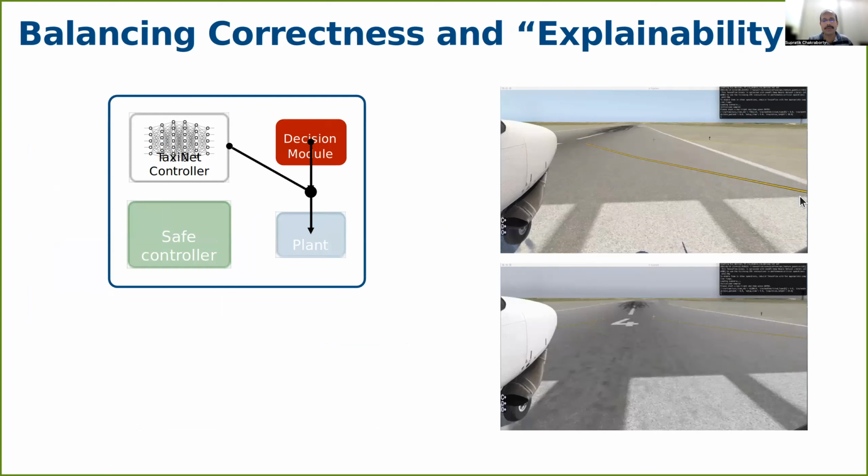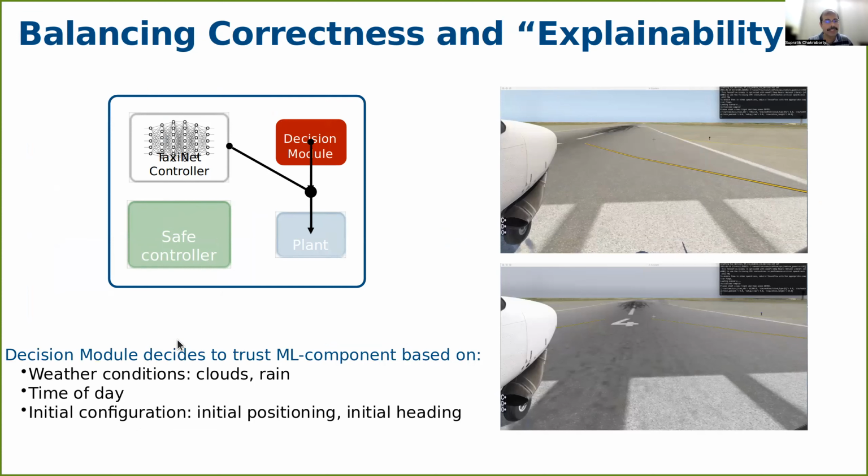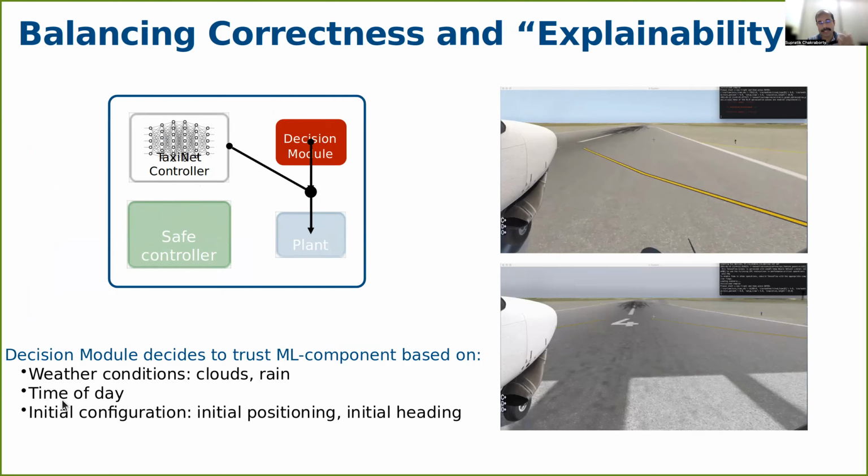Okay, so this is our system that we have over here. And the decision module takes a decision whether to trust the ML component, which is the taxinet controller. And it takes this decision based on certain inputs like weather conditions, whether it is cloudy or rainy, time of the day, whether it is night or day, or whether it is bang in the afternoon, and also some other inputs like initial positioning, initial heading, and so on.